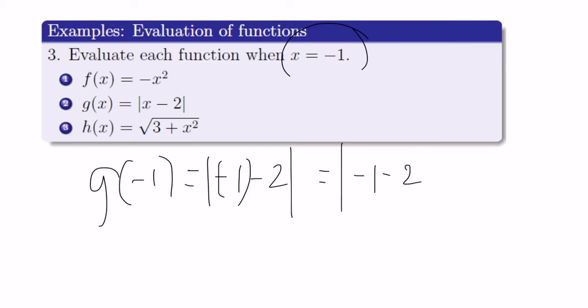So negative 1 minus 2. What is negative 1 minus 2? Negative 3. And by the definition of the absolute value, it's just a distance from 0. So it is always positive. So your negative 3 will become positive 3 because there is no negative distance.